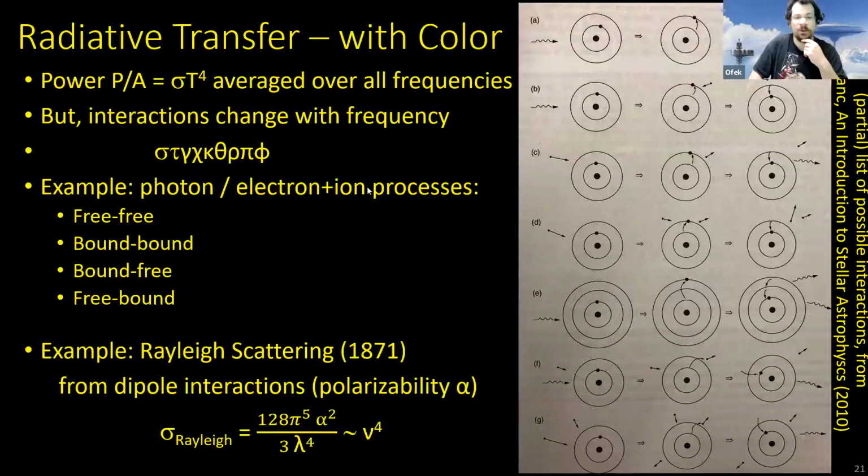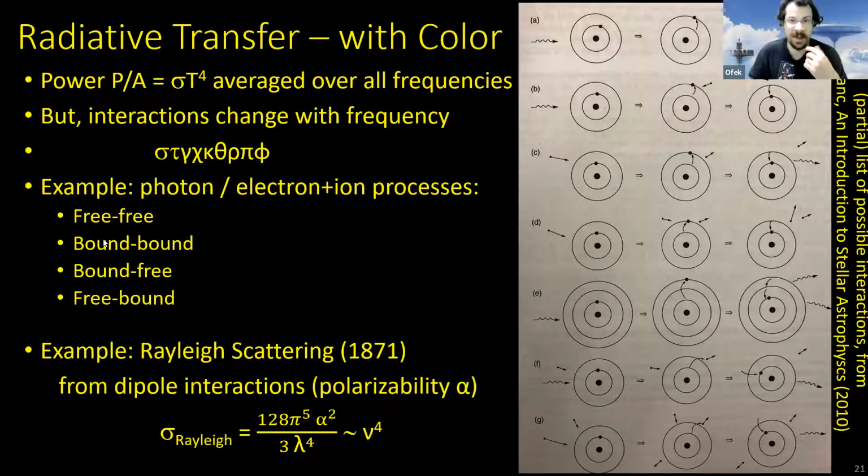But the fourth line is important, and that is we can have many, many different types of processes involving photons scattering or being absorbed by not just free electrons, that was Thomson scattering, which we covered, but by electrons and ions, and systems of electrons and ions. And these can involve free-free processes, that is a photon approaching a system of an electron around an atom, but free from the atom, and it remains free.